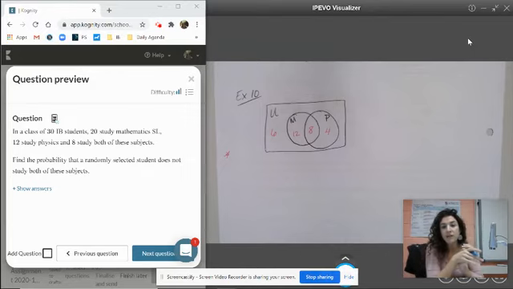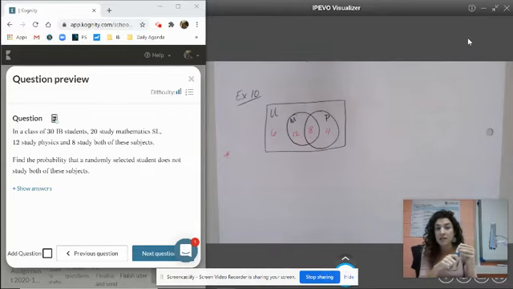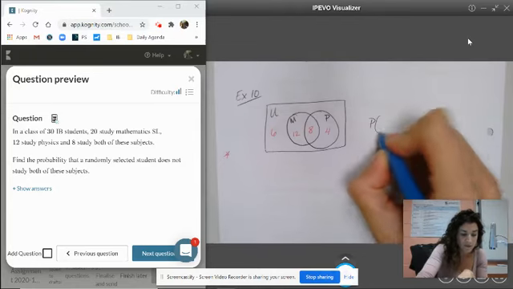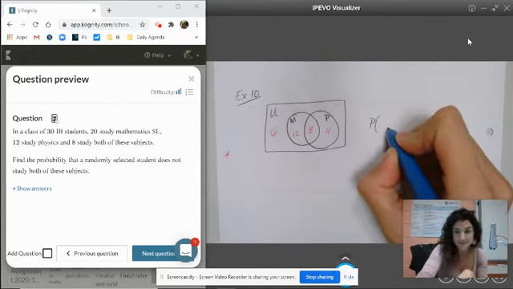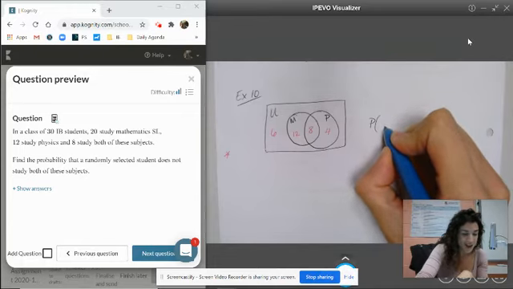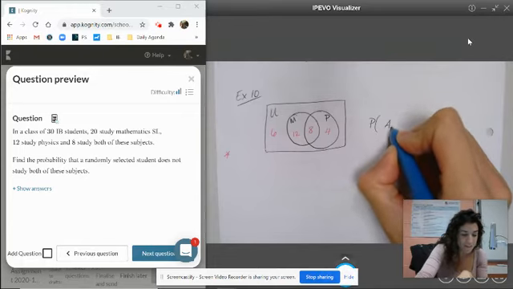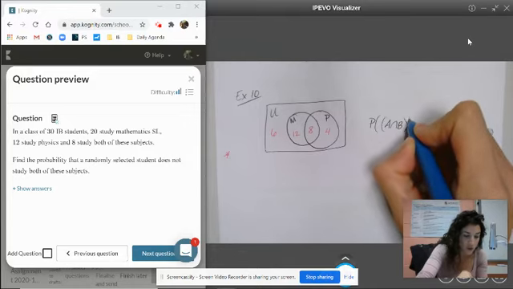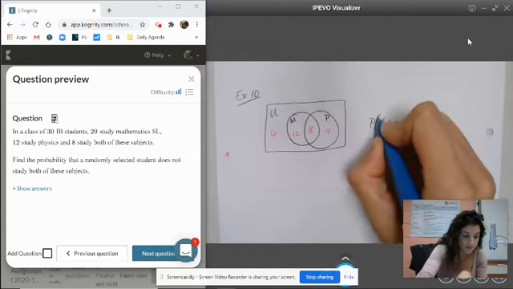Okay, so you've created this Venn diagram, which makes it easier visually to see the answer to the question we're being asked. Find the probability that a randomly selected student does not study both of these subjects. So that's the probability of them both, and we don't want it, right?